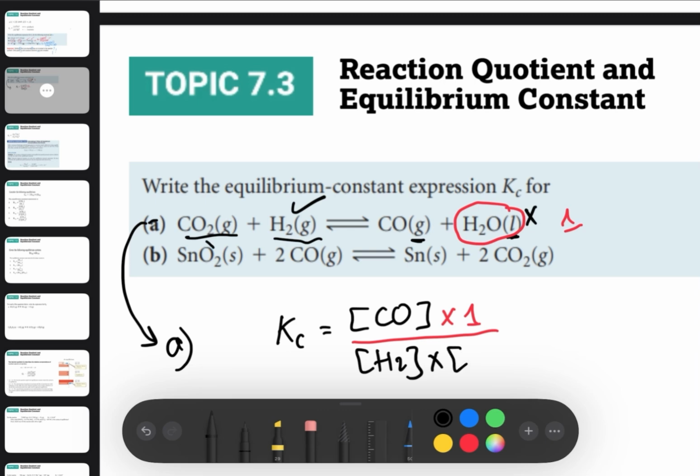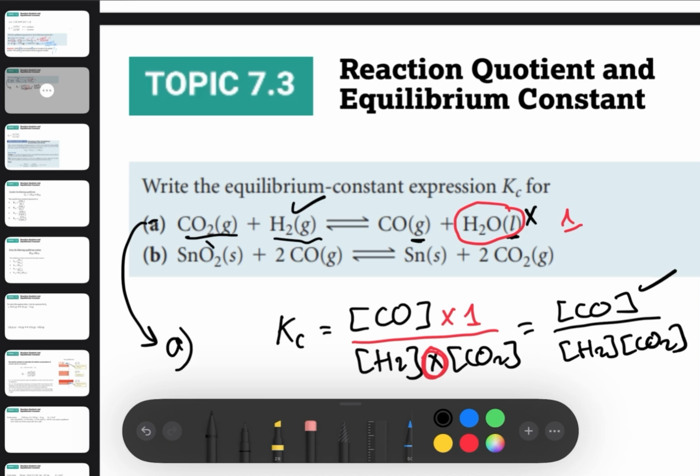After doing this process, it's CO over H2, and do not forget that the sign between the two species here is multiplication, not a summation, and then CO2. So this is the expression of Kc for this reaction, which contains water in a liquid state that is excluded from the expression.